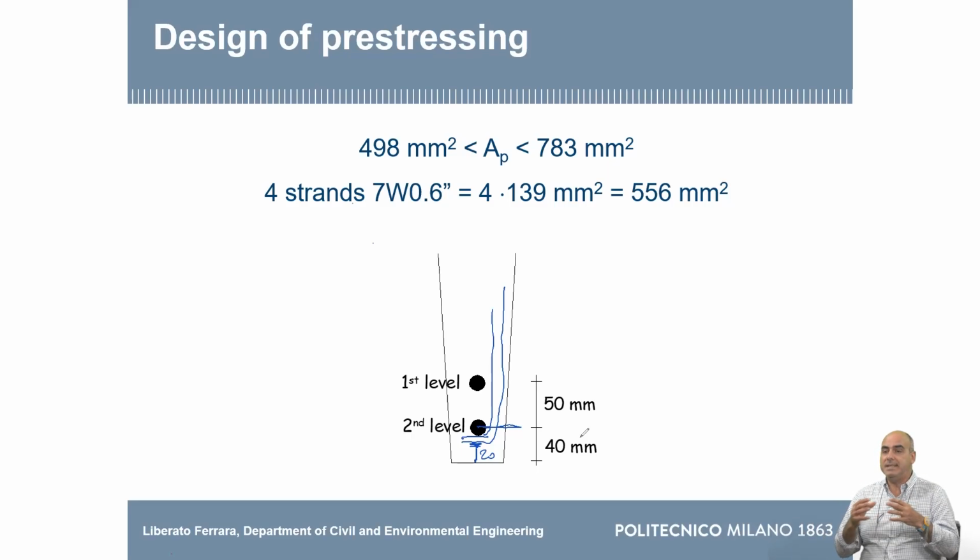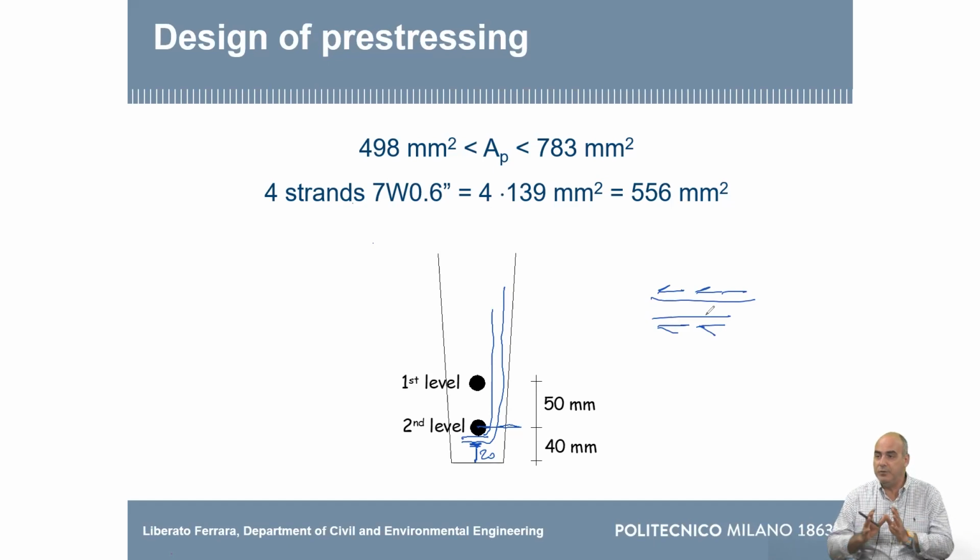Why do you have this minimum spacing? First of all, there is a region where the tendons interact with the concrete through bond stresses. And these bond stresses, we draw them as distributed on the lateral surface of the tendon.